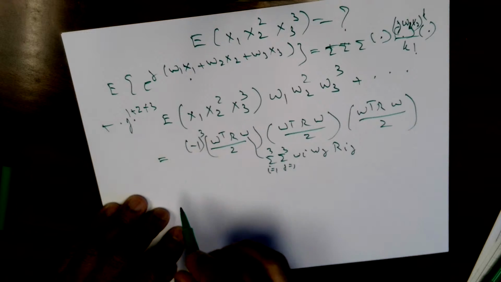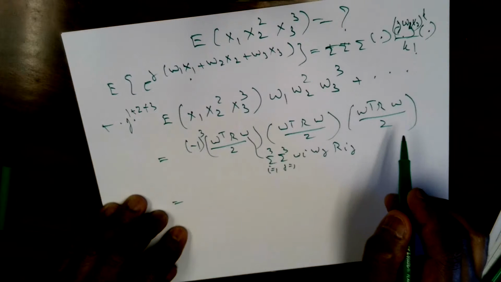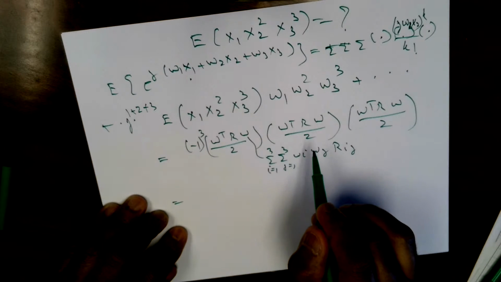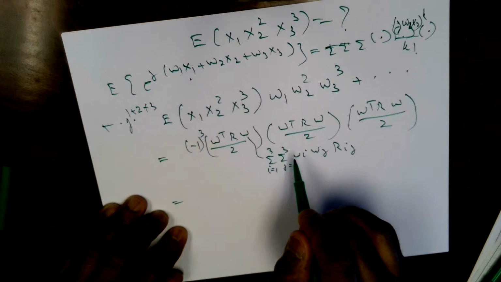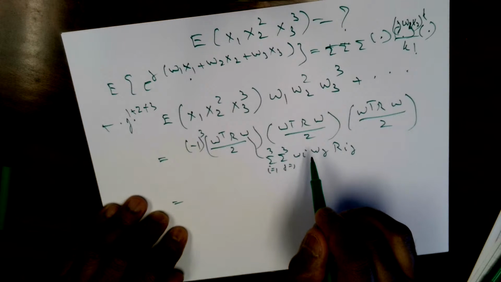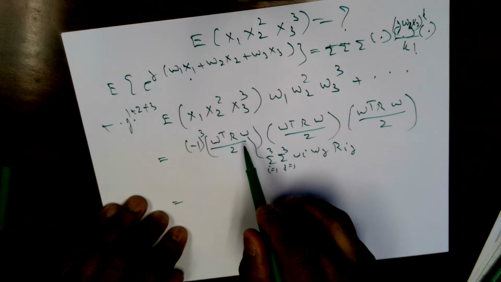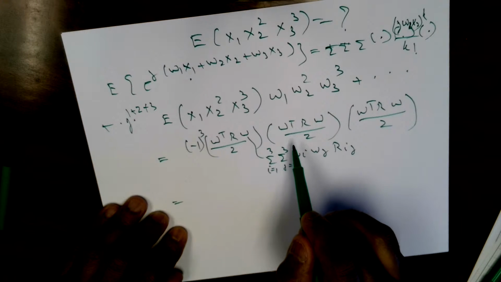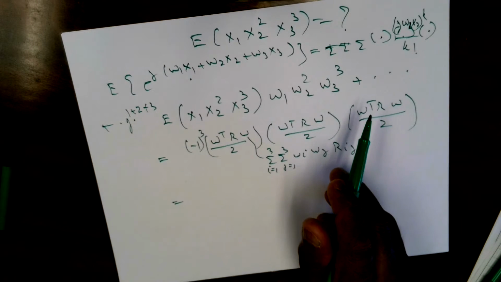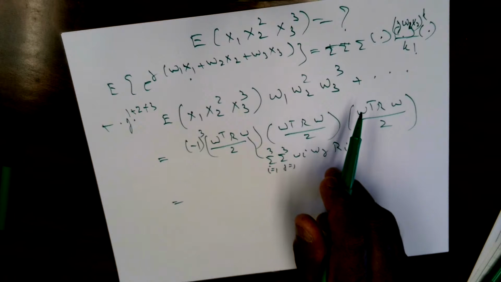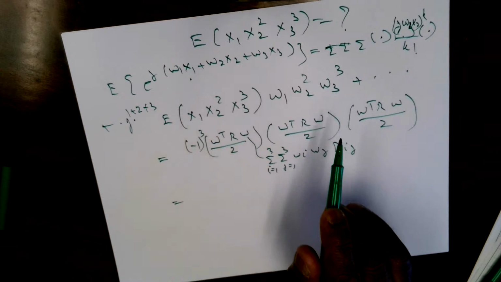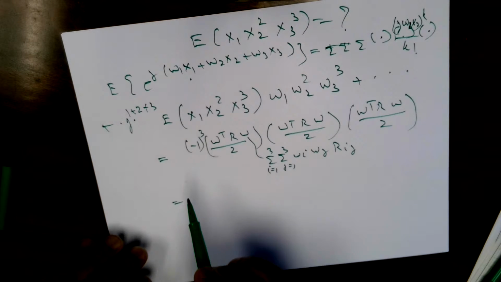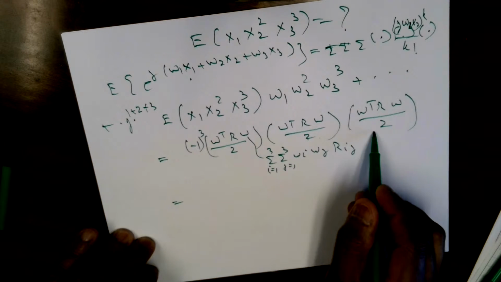So if you expand that, first of all, let's look at the constants. So this is 2, 2, 2.